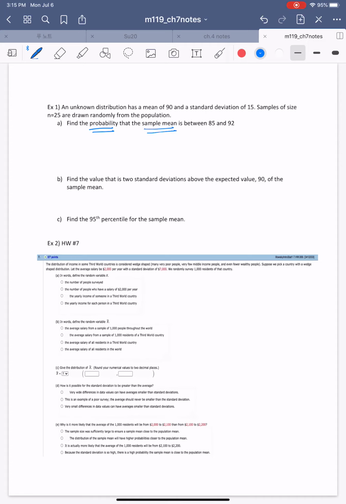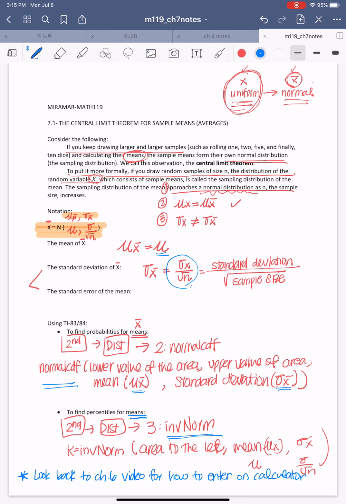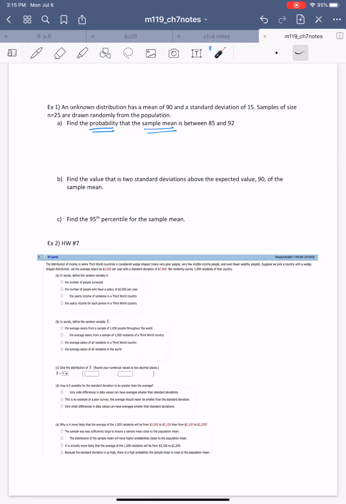So finding the probability has to do with normal CDF. Again, there's only 2 functions, normal CDF or inverse norm. So we will be using the normal CDF because it's calculating the probability.